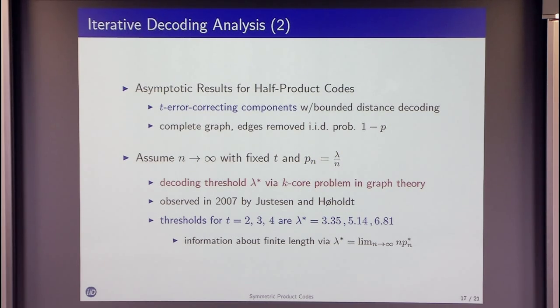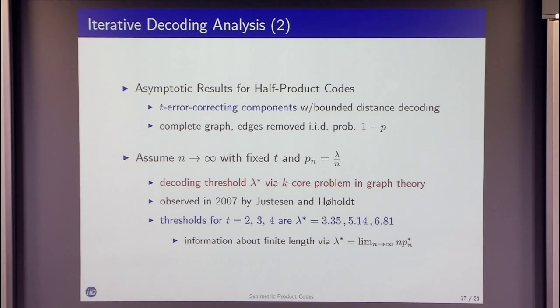This is actually the same as the Erdős-Rényi sparse regime, so that's nice. The decoding threshold comes from graph theory, from solving the k-core problem. This was observed in 2007. And if you look at the thresholds you get, so if you assume you have 2 error correcting product codes, and actually I should note this, the problem is the same for the product and half product.